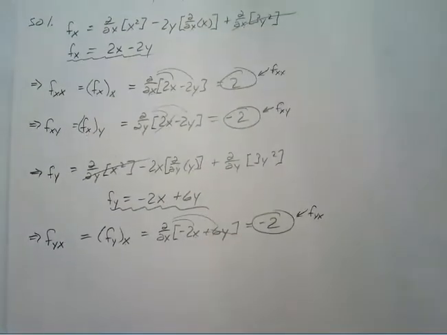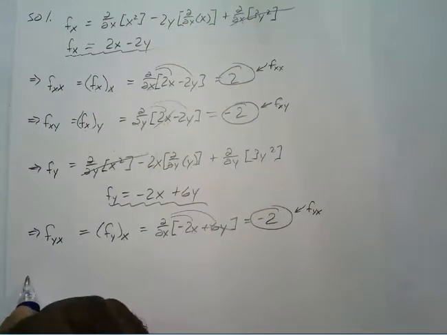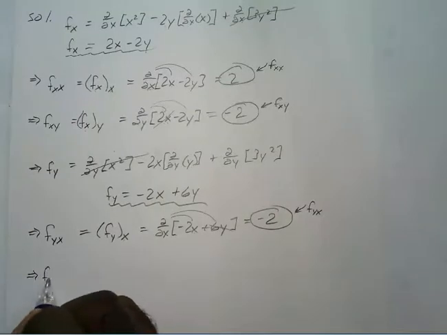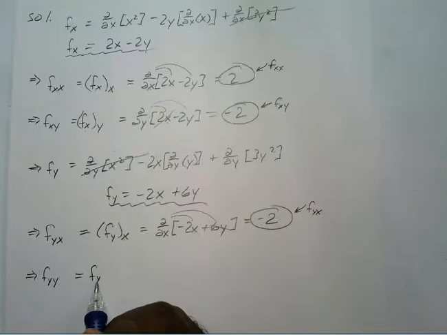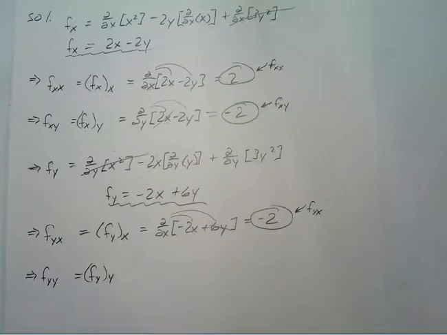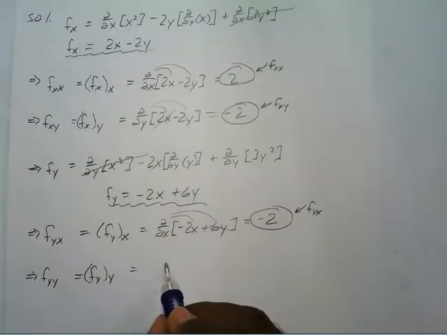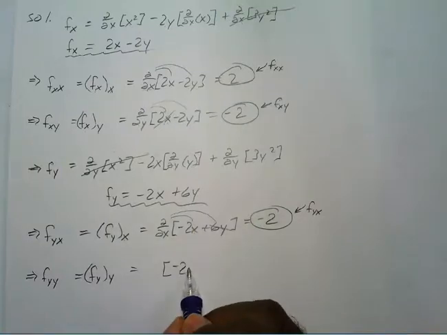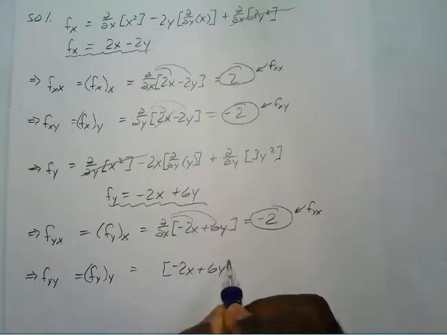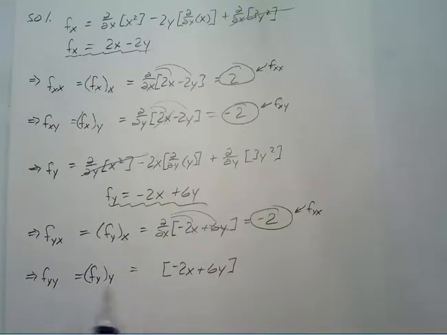Okay, now one more with our second derivative with respect to y. Remember, that's just partial with respect to y, and then with respect to y again. Okay, so your partial with respect to y is negative 2x plus 6y, and with respect to y again.